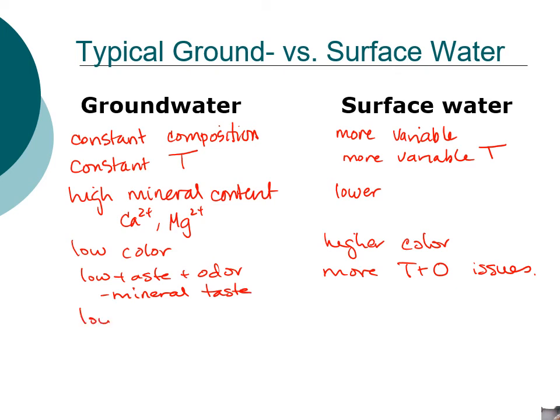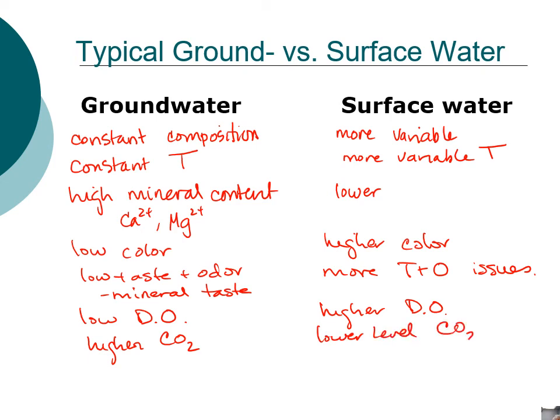We typically have low dissolved oxygen in our groundwaters and a higher dissolved oxygen in our surface waters. Because of the microbial activity, we often have a higher level of CO2 in our groundwaters, but a lower level of CO2 in our surface waters.